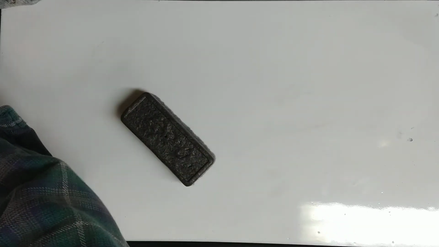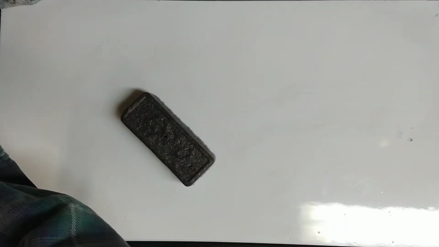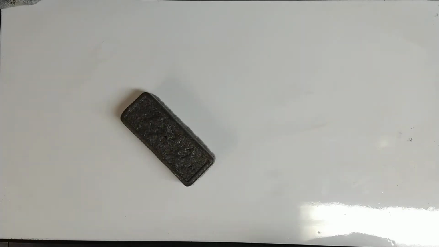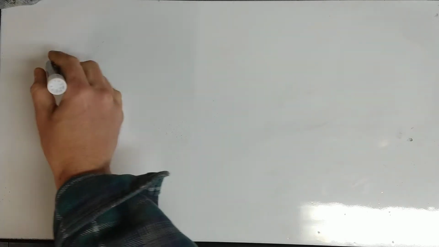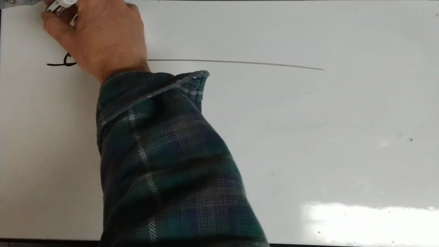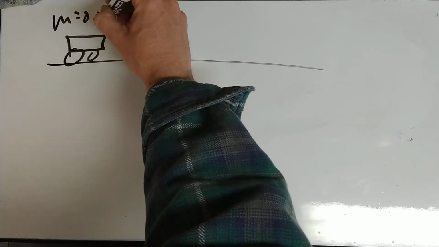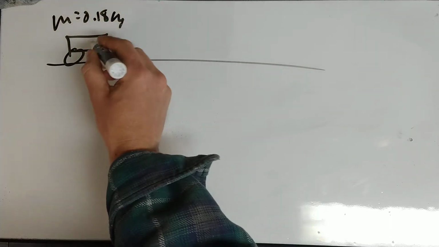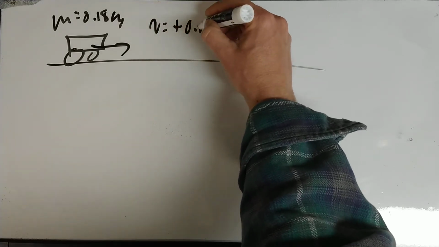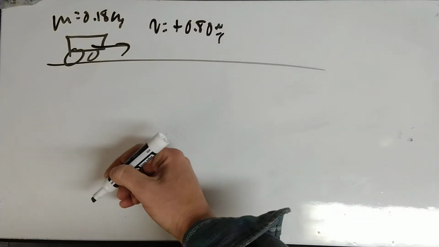Next one, a 0.18 kilogram car traveling at 0.8 meters per second to the right. So let me just draw a little picture here to keep this organized. So we've got mass is 0.18 kilograms, traveling to the right, the right is positive, at 0.80 meters per second.